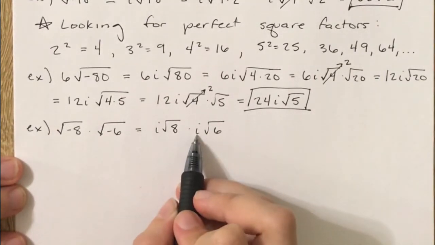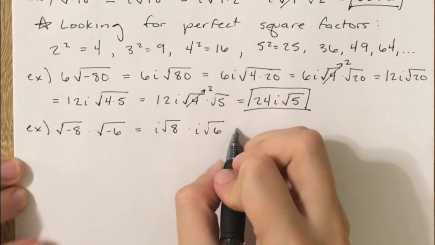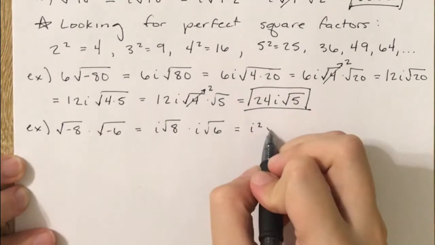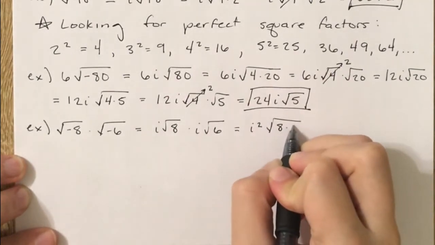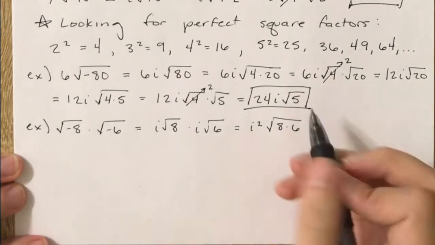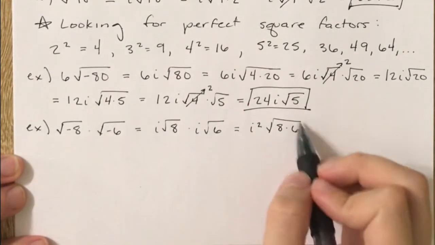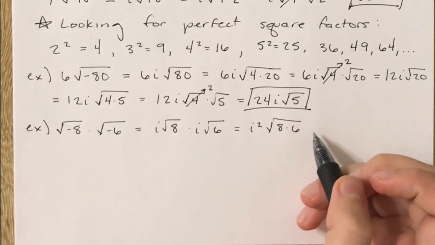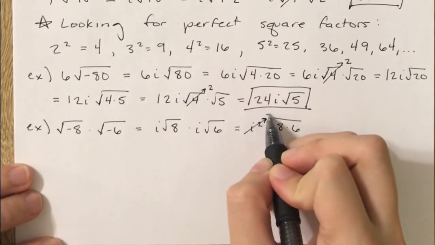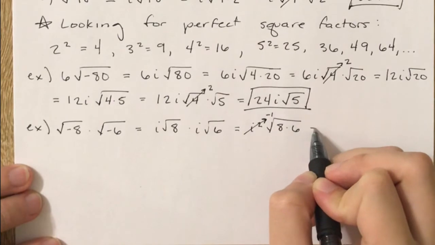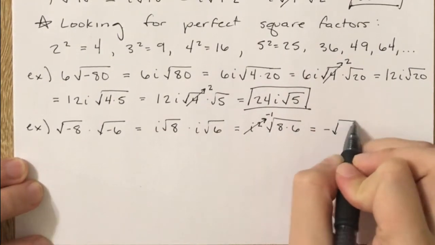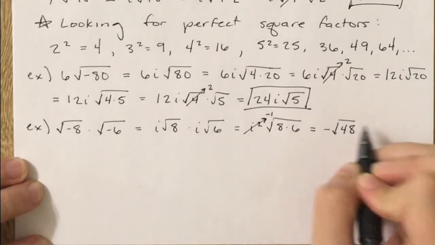So I multiply the i times the i, so I have i squared. Then I definitely have 8 and 6 underneath the square root as well, right? If we can split a square root up, we can also combine it if they're being multiplied together. i squared is going to become -1. So I have negative square root of 48.